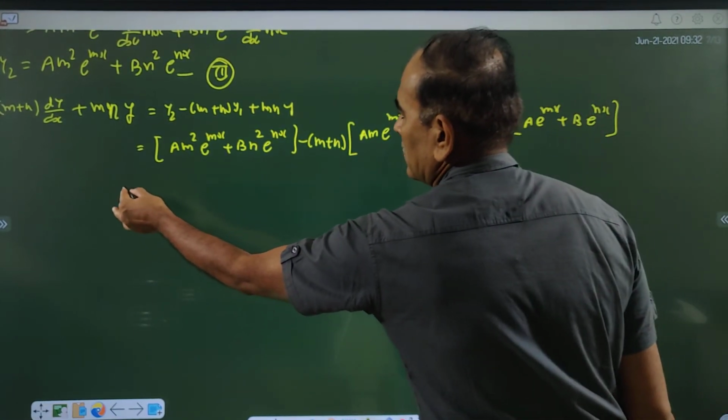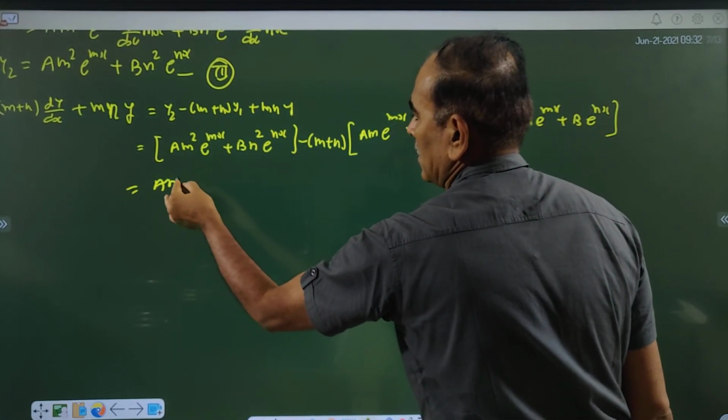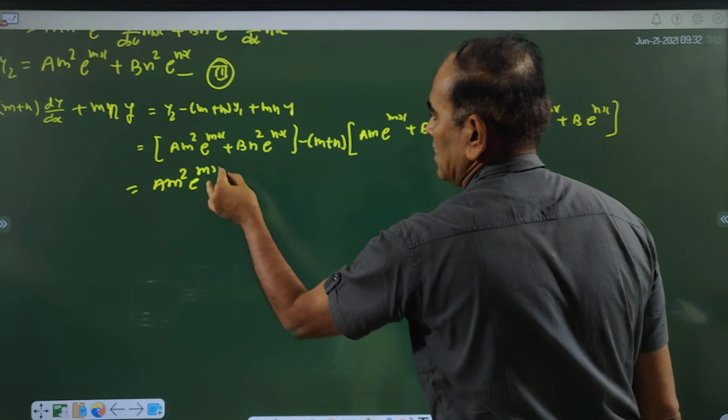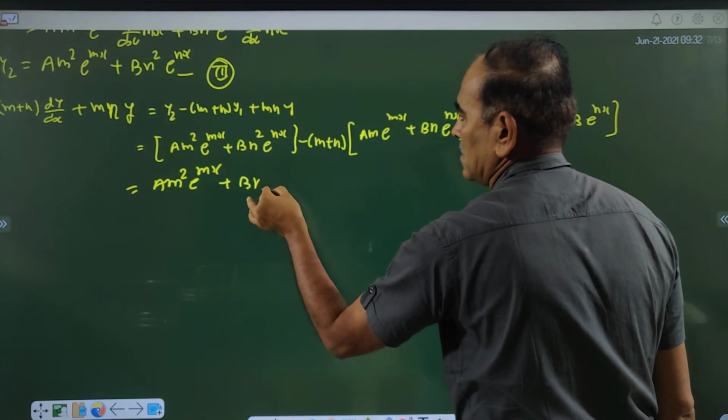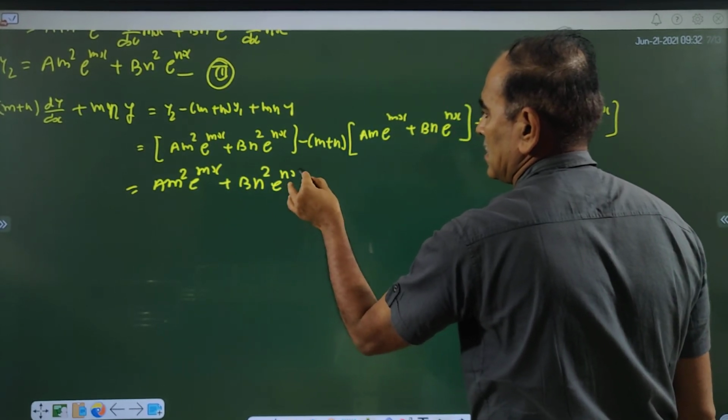Here what we get? am square e raised to mx plus bn square e raised to nx.